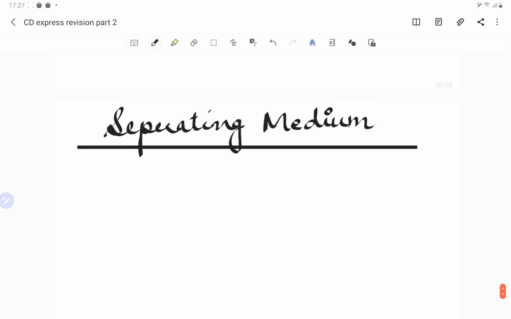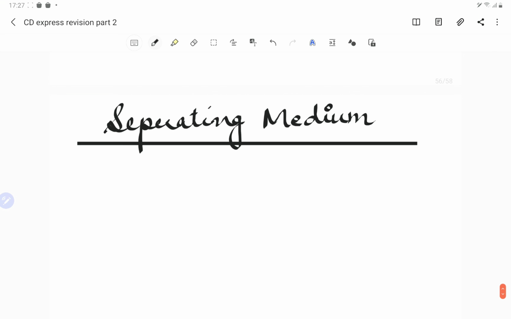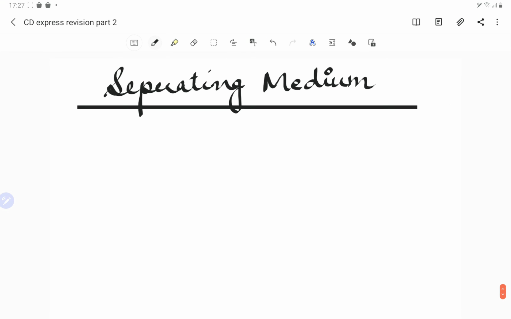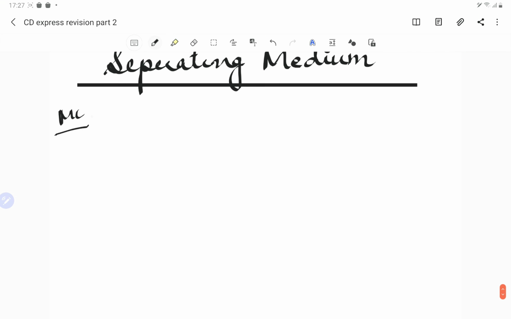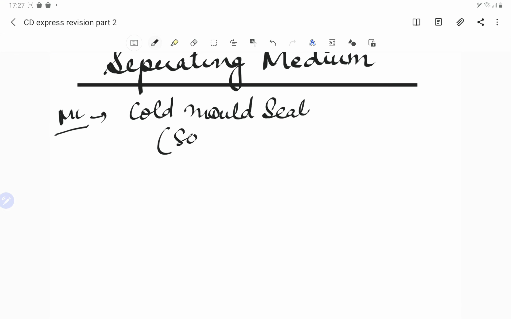Right. So talking about the separating media, the most common separating media is our cold mold seal, the pink color one which we use all the time, which is our sodium alginate, right.